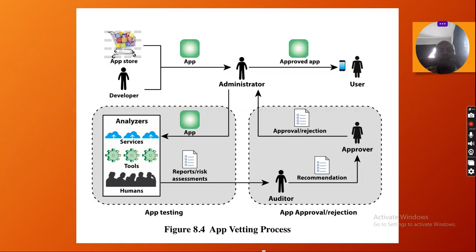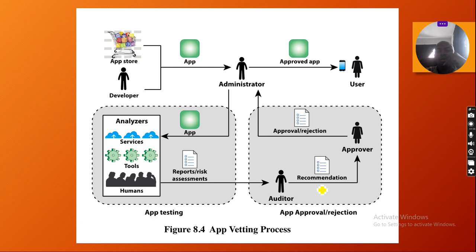Now here is the app vetting process. If you want to download an app from an app store, first there's a request sent by the administrator, which is analyzed. There's an analyzer service and root tools, and then a report and risk assessment is carried out.